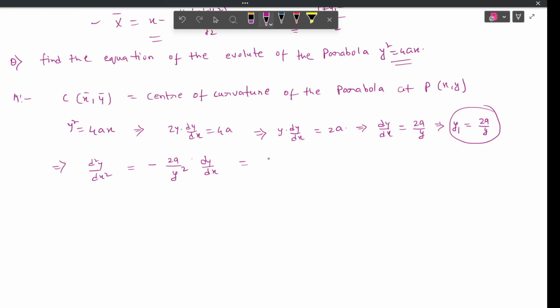And we know dy by dx is 2a by y. So minus 2a by y square into 2a by y. It will be minus 4a square by y cube. So this is your y2. So y2 is minus 4a square by y cube.